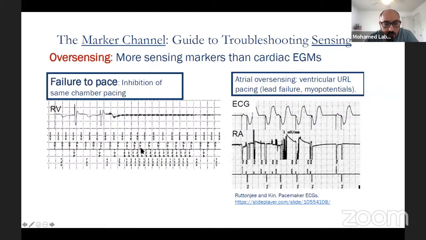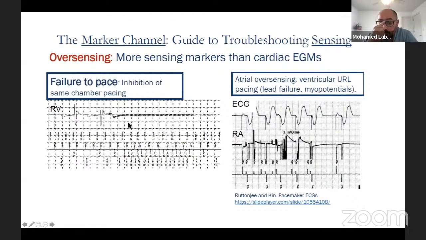So you can see here the device is oversensing an artifact, and it's labeling that as a fast rhythm, and that's falsely inhibiting pacing. So this is a problem.